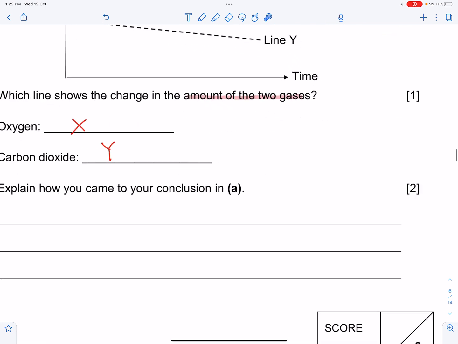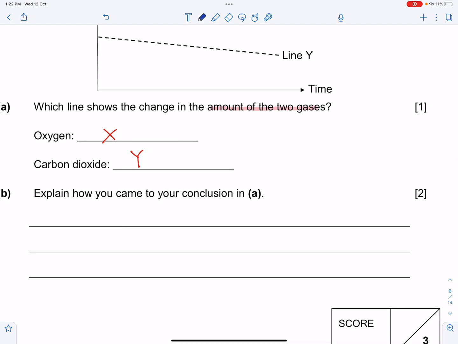Now, explain how you came to your conclusion. Now, let's just translate whatever I've said into a proper answer. Here is the part that I need you to be careful. A lot of you just said this. You can do the carbon dioxide part. You would say, oh, because the plant was photosynthesizing, it takes in carbon dioxide. So because it takes in carbon dioxide, it lowers the amount of carbon dioxide. That's fine.